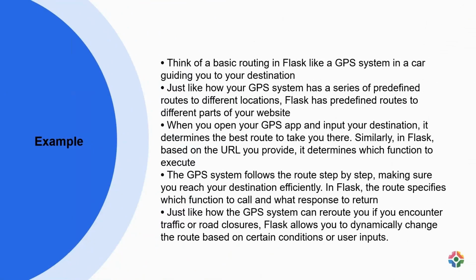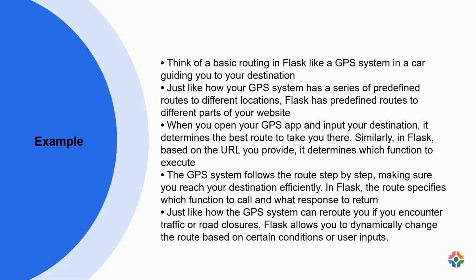Think of basic routing in Flask like a GPS system in a car guiding you to your destination. Just like how your GPS system has a series of predefined routes to different locations, Flask has predefined routes to different parts of your website. When you open your GPS app and input your destination, it determines the best route to take you there. Similarly, in Flask, based on the URL you provide, it determines which function to execute.